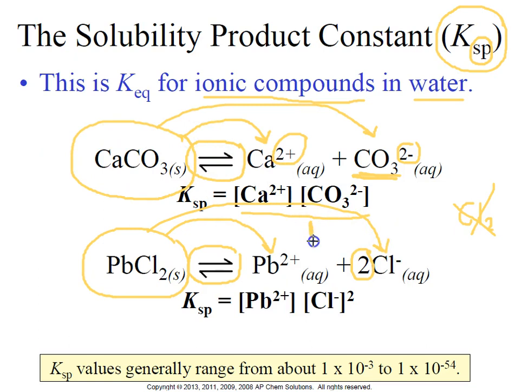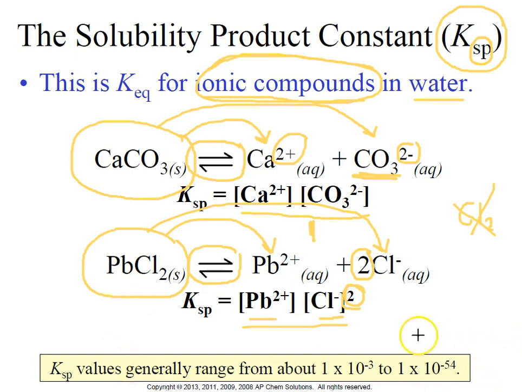You can think of it as being a 1 in the denominator, or just there not being a fraction. In a KSP expression, there is never a denominator because we are always dealing with ionic solids as our reactants. Same thing for lead chloride. We have products raised to their coefficients, and we did have a coefficient this time, over reactants, and again your reactant is a solid, so it's not included there.